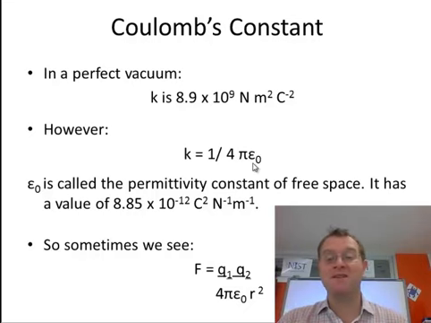That's the distinction you've got to remember. And in the IB data booklet, F equals Q1 times Q2 divided by 4 pi epsilon 0 r squared is the value which is in the data booklet.